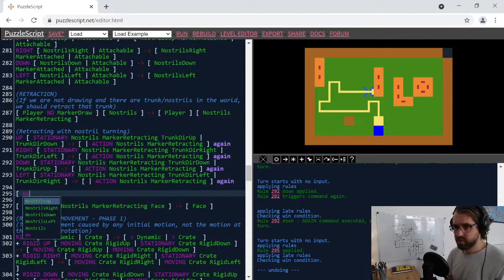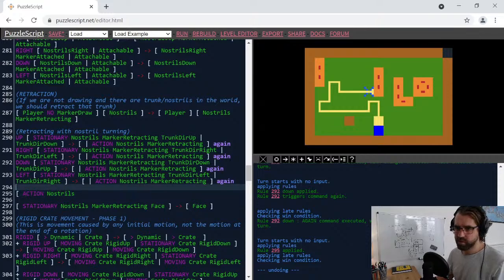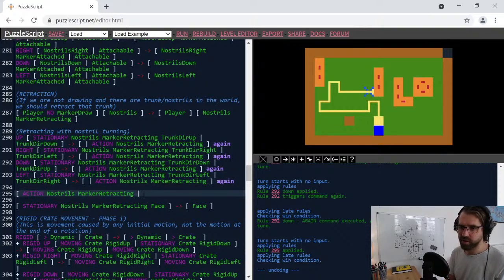No. It's going to be a single cell thing, so making it directional doesn't even make a difference. Nostrils, I'll say action nostrils because I know they will be at this point, and I'll just check for that anyway, why not? If there's a trunk up remaining, then we rotate the nostrils to be nostrils down.